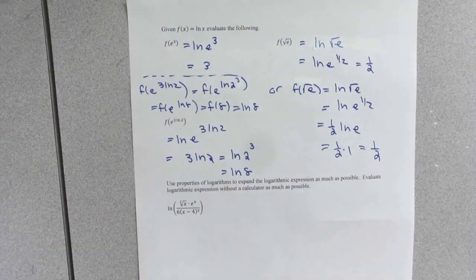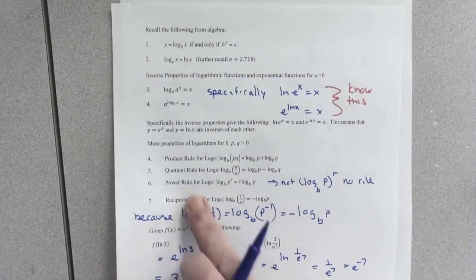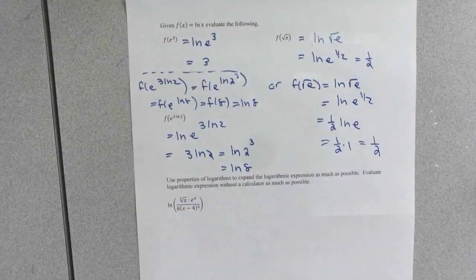Okay, use the properties of logarithms to expand the logarithmic expression as much as possible. Evaluate the logarithmic expression without a calculator as much as possible. And so the idea here is to pull this apart using our properties of logarithms, these properties over here.